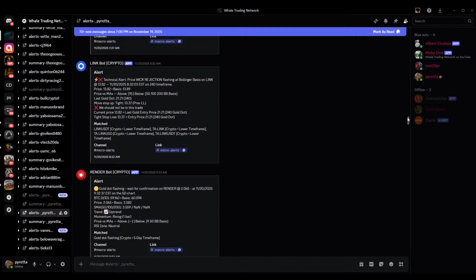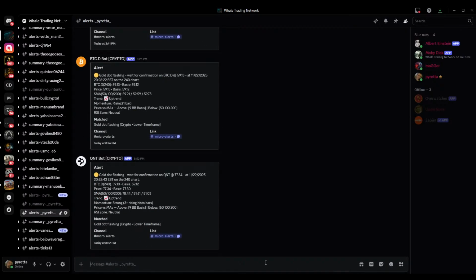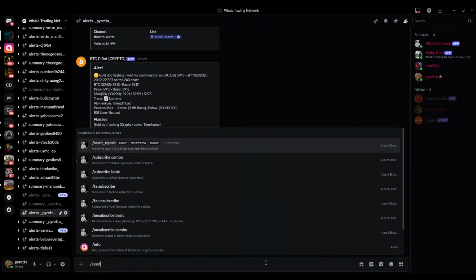You could simply type slash asset report and select the time frame or the ticker and look for recommended stop losses, and it'll tell you what the last technical analysis alert was, right?